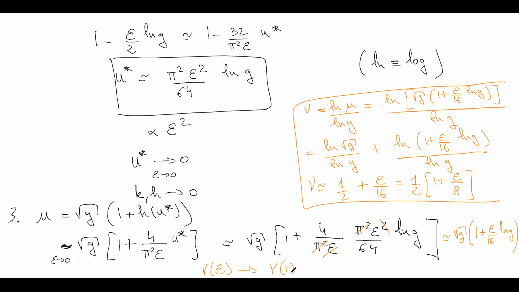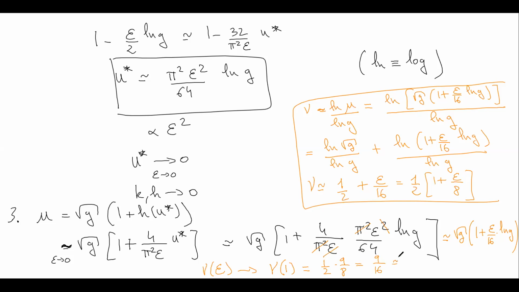Of course, this will be a source of error because I'm using a low epsilon expression to extrapolate it to the value where epsilon is equal to 1, because I want to go back to the 3-dimensional world from the 4-dimensional world. So nu of 1 is equal to 1/2 multiplied by 9 over 8, which is 9 over 16.